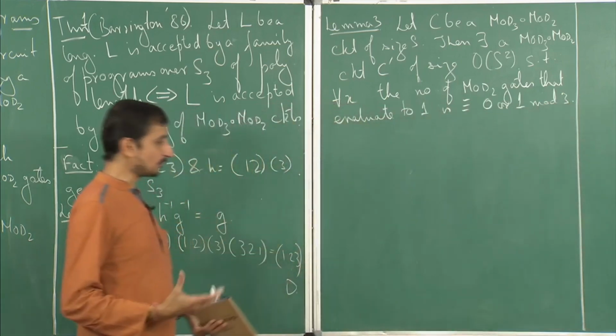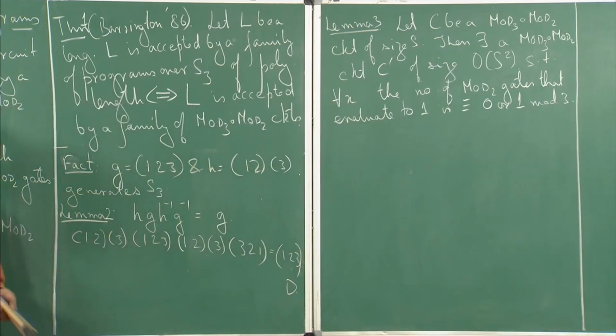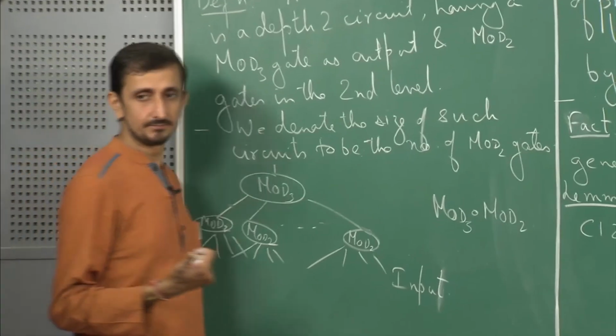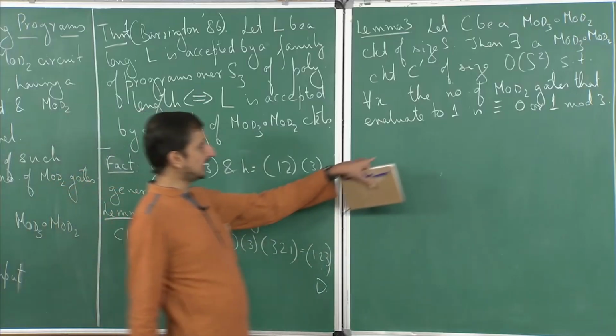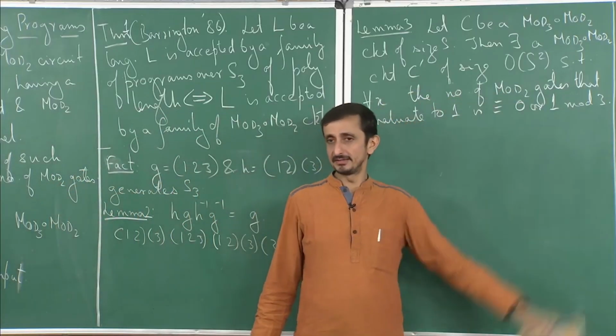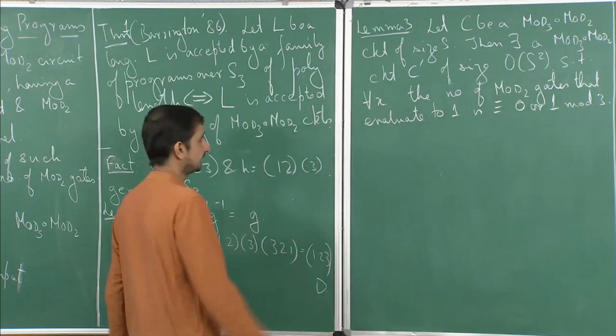Okay. So, essentially what we are saying is that the number of ones that I have over here is only congruent to 0 or 1 mod 3. It will not be congruent to 2 mod 3. Okay. And that we can achieve by constructing a circuit C prime whose size is at most quadratic in the size of the original circuit. Okay.